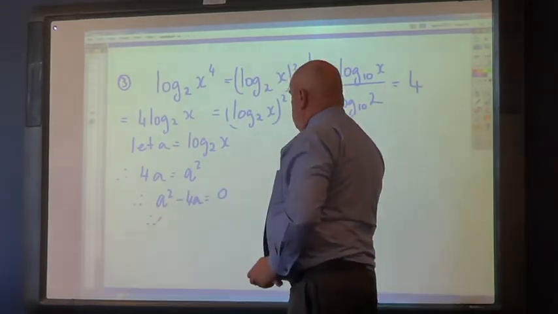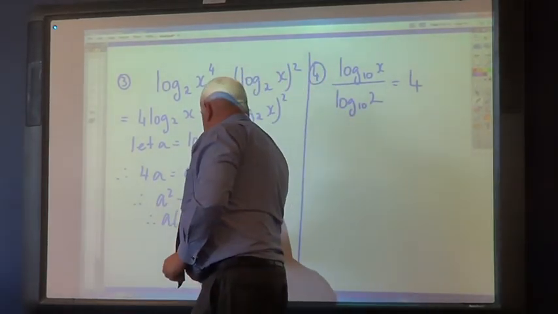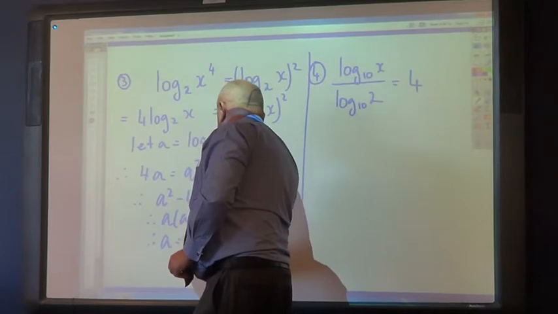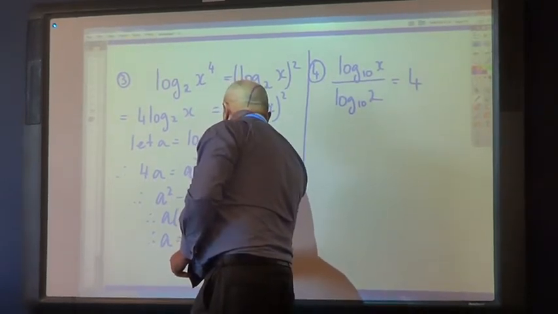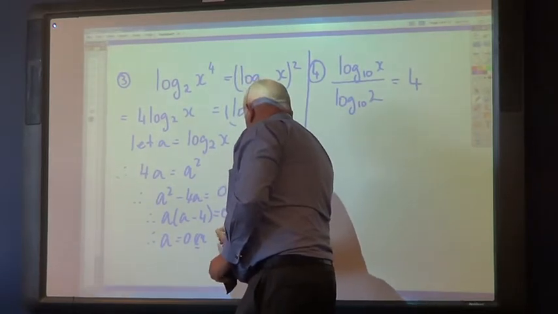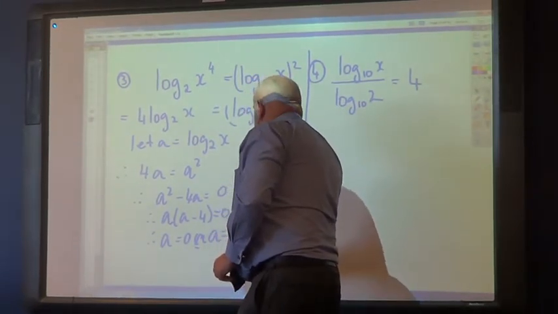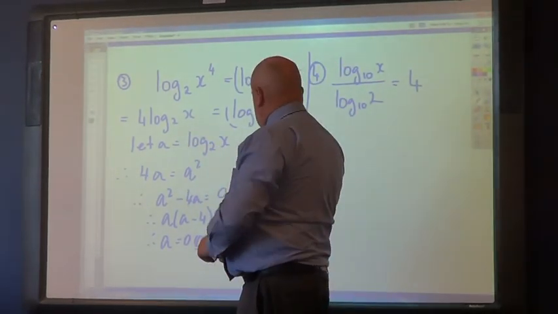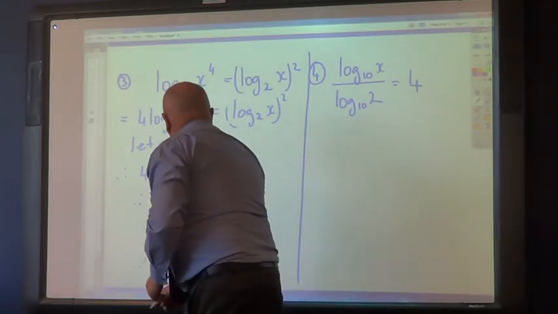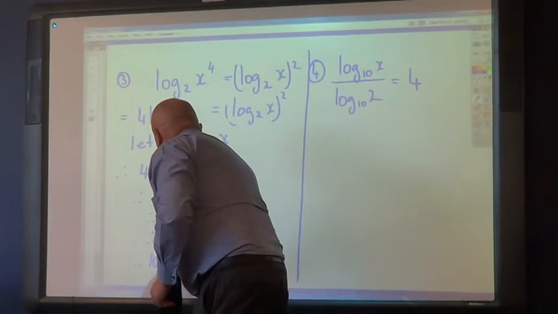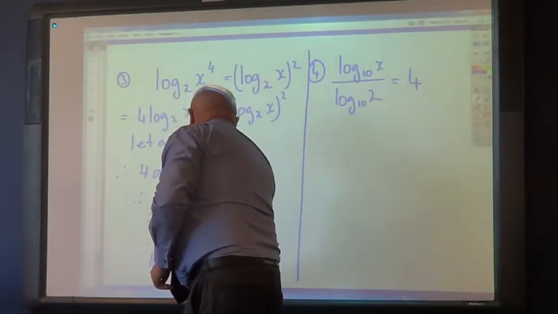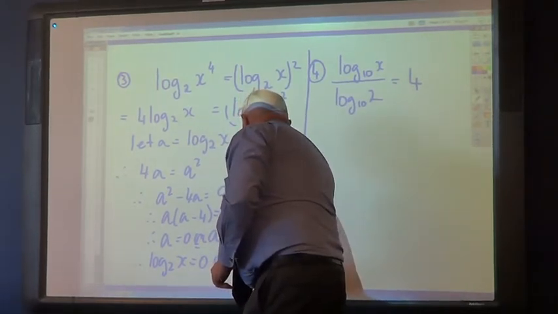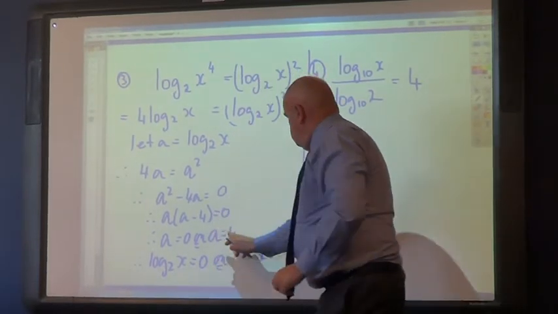Factorising in terms of a, we get a times a take 4 equals 0. Therefore, a equals 0 or a equals 4. What did we say a was equal to? Well, we said it was equal to log base 2 of x. So therefore, log base 2 of x equals 0, or log base 2 of x equals 4.